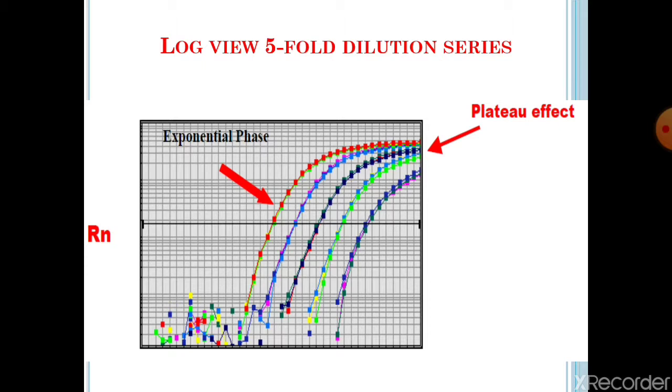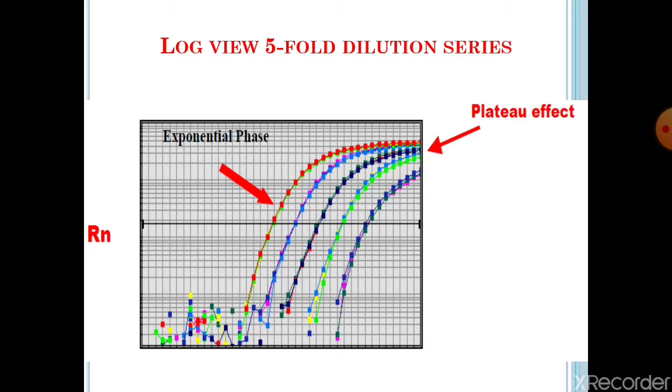In the plateau effect, you see the lines converging towards each other. This reinforces the fact that if measurements are taken at the plateau phase, then the data would not truly represent the initial amounts of the starting target material. Getting my point or not?